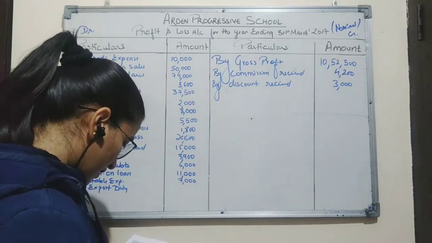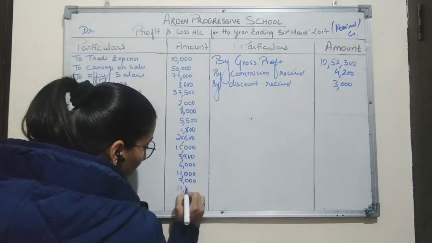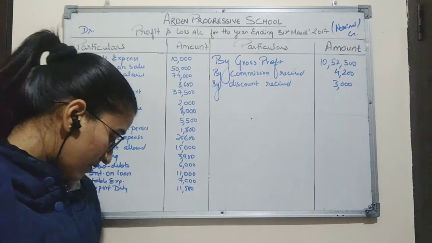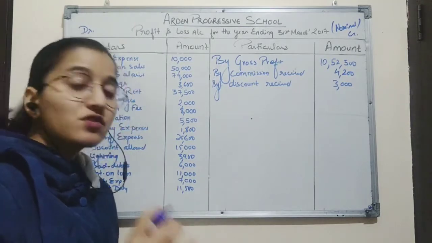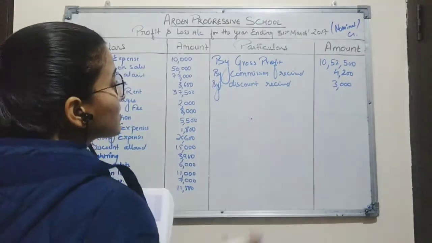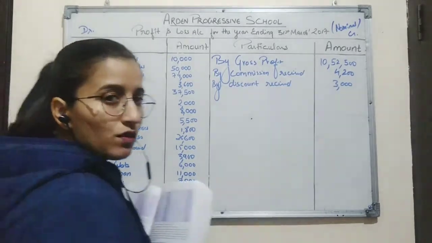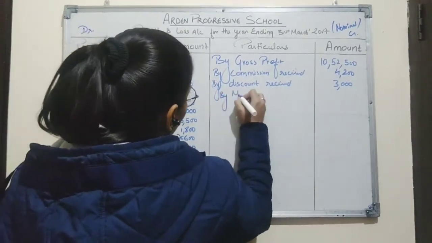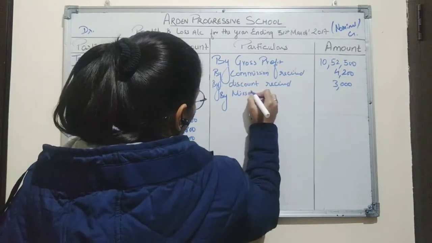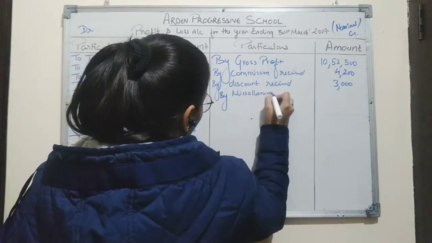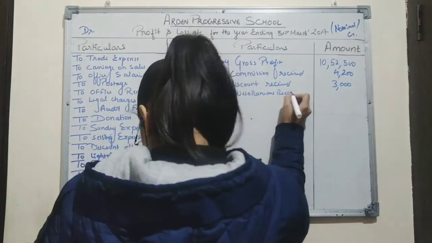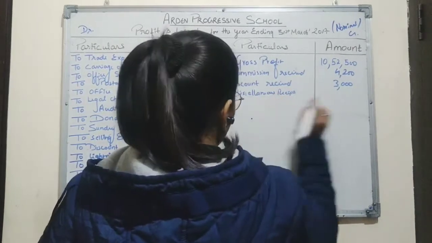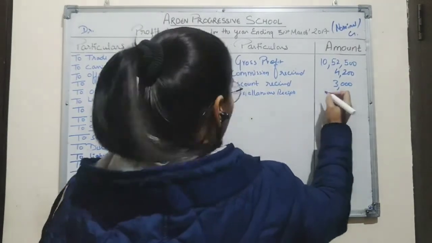Amount is 11,500. Now, next is miscellaneous receipts. Miscellaneous receipts is an income for the company. So we will record it on the credit side as by miscellaneous receipts. Amount is rupees 2,500.